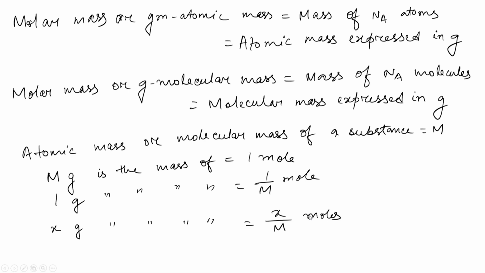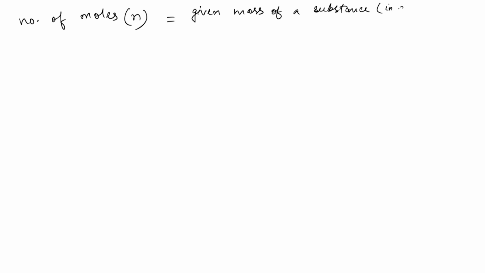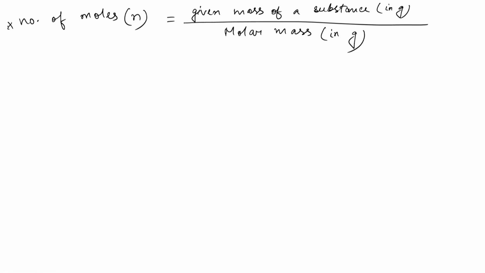So, we can say that the number of moles, which is written as small n, is equal to the given mass of a substance in grams divided by the molar mass in grams. This is one formula.